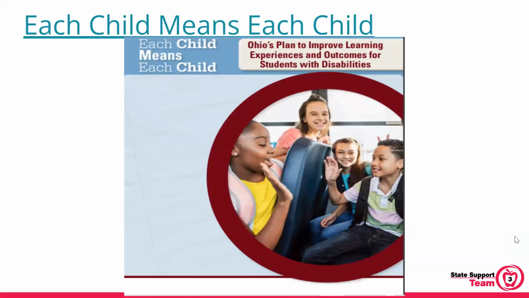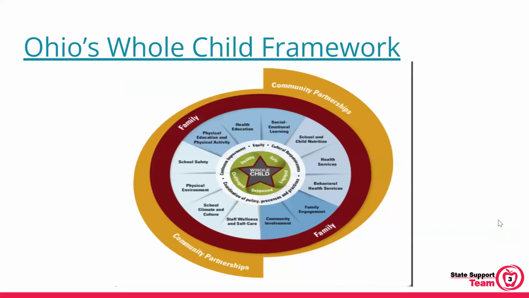There are some resources that have been provided for you, embedded in this PowerPoint as well as on the website, that will be good resources for you as you go through this process. So Each Child Means Each Child is one of those resources that has been provided by the Department of Education and Workforce.